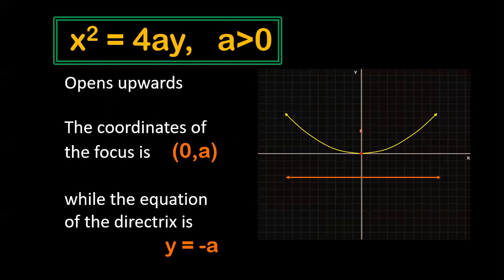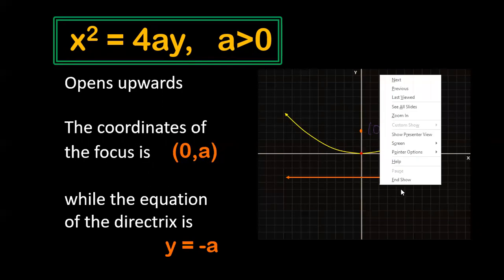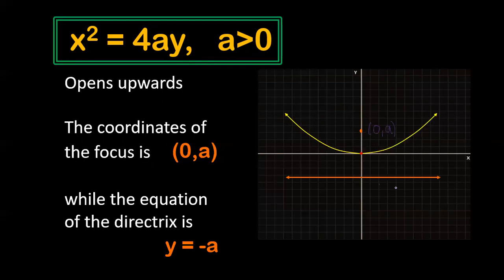So the coordinates would be (0, a), and this is a units from the origin. And the directrix is a line with equation y is equal to negative a, a horizontal line.